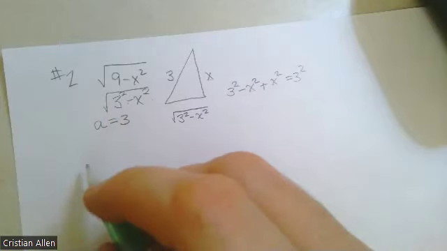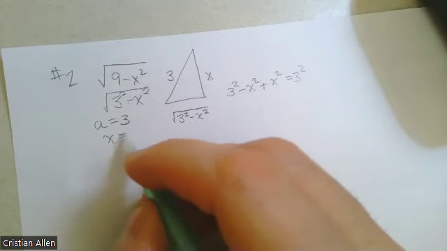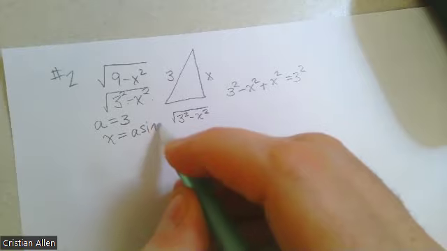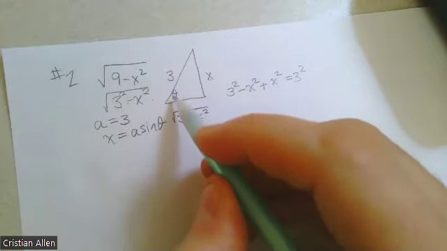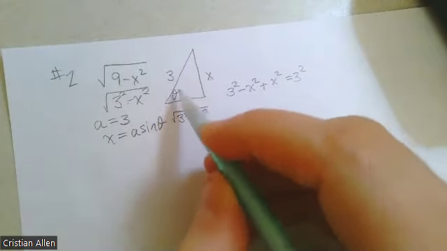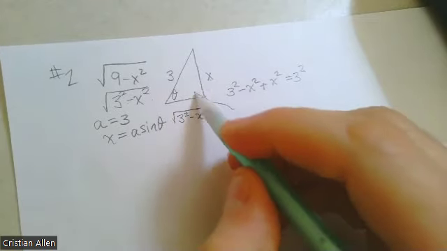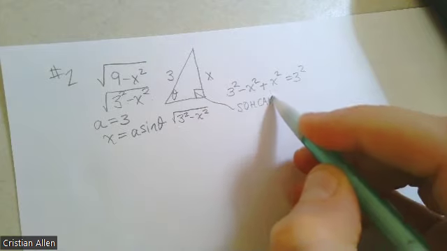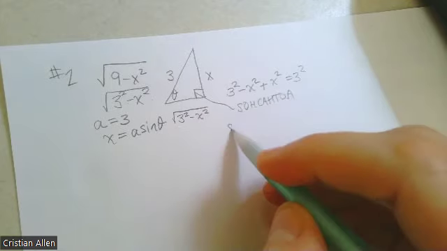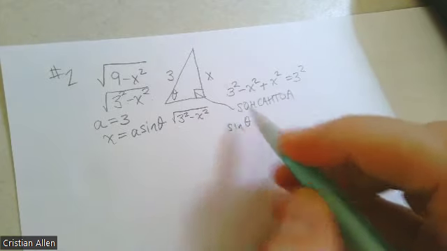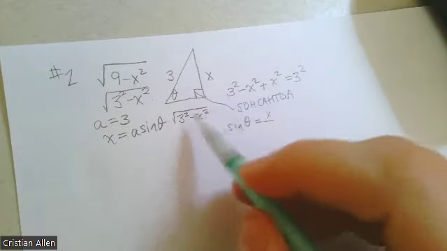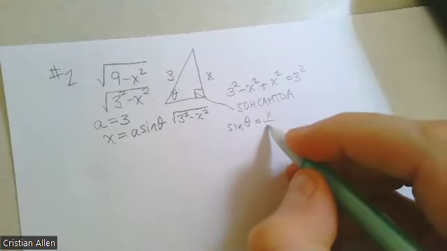All right, so we have an a equals 3 problem of type 1, a squared minus x squared. And so we're going to go ahead and set, since x is equal to a sine theta, and you can see that from the relationship here in this triangle, that because of your SOHCAHTOA rule, the sine of theta is going to equal the opposite over the hypotenuse.